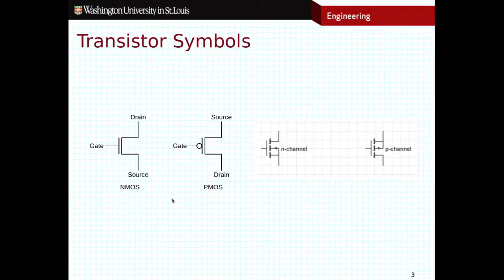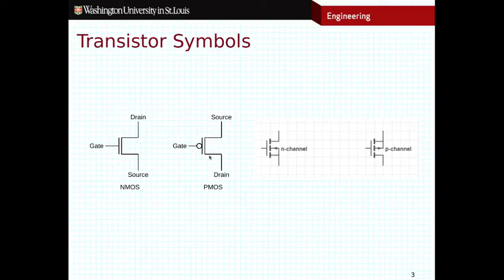If you're using a computer tool to draw circuits, for which I've included a link on this particular section to some circuit drawing utilities, you probably won't see these symbols. These symbols are often not included in professional circuit drawing packages.